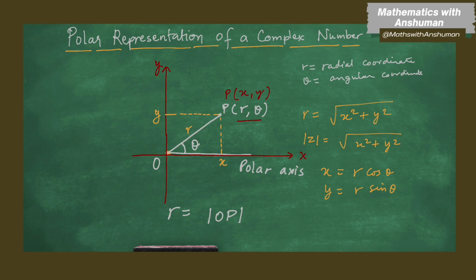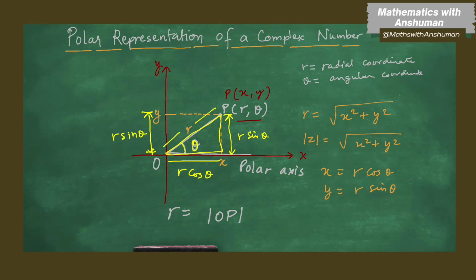The value of this length is r cos theta and the value of this length is r sin theta, and also this length is equal here as well, so this is also r sin theta. And if we consider the triangle, this is a right angle triangle, we have theta as one of the angles.